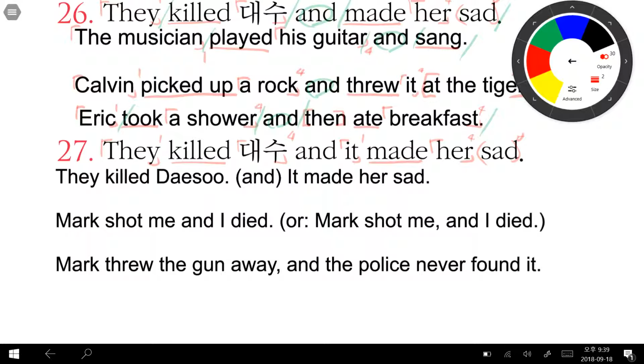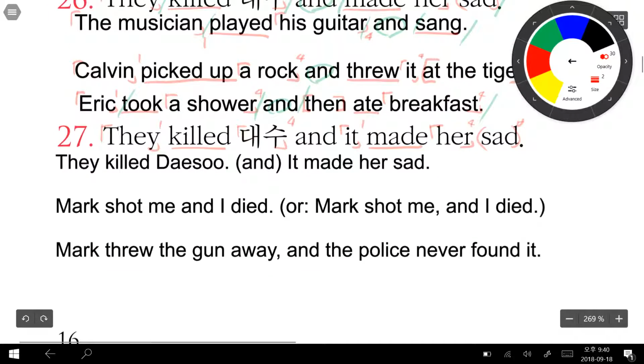It contains two independent clauses. The first independent clause is they killed Desu. The second independent clause is it made her sad.